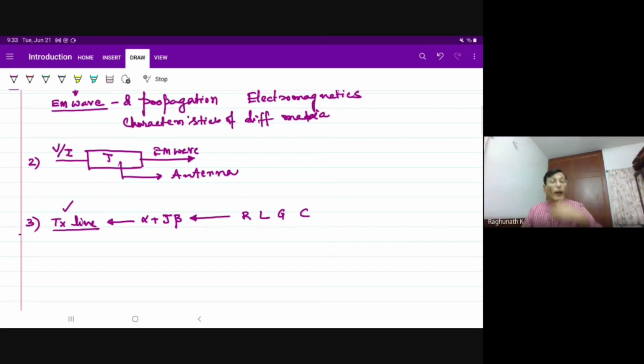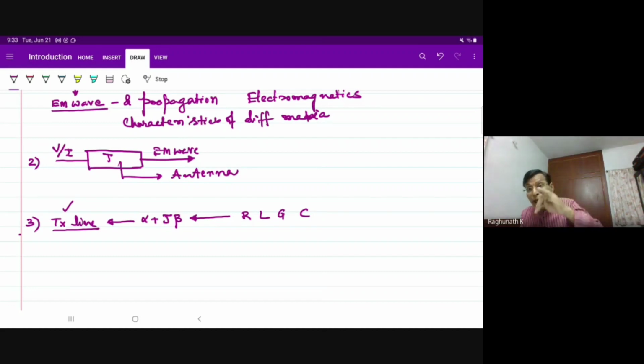Normally, earlier they were parallel lines. Nowadays nobody uses parallel lines because we migrated from normal black and white TV to color TV, because of which we needed quality channels. Coaxial cable.